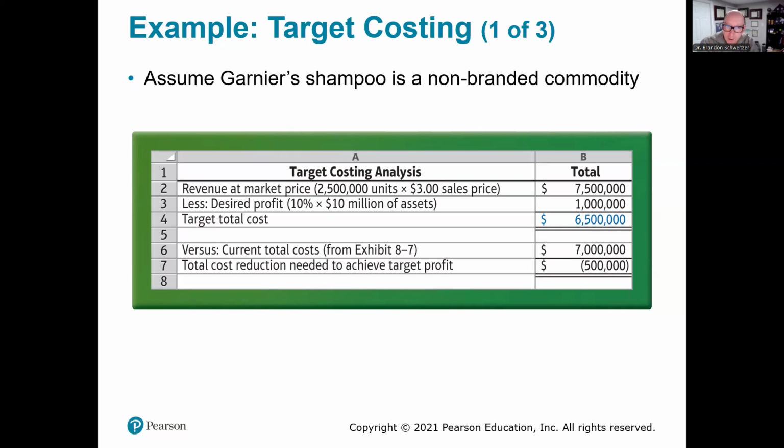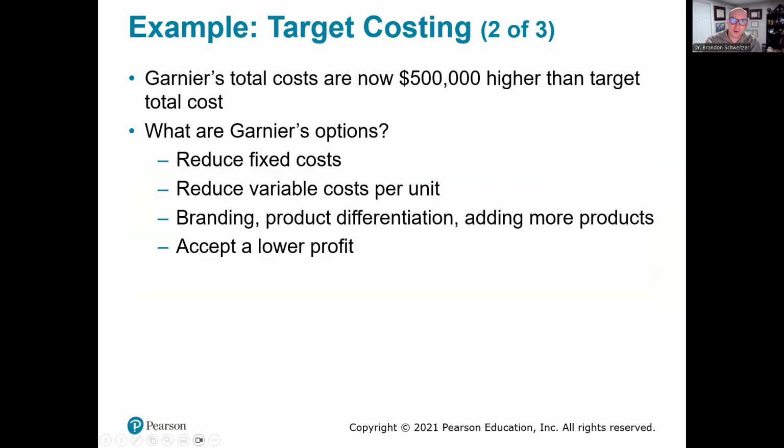We can compare that to our current total cost that we got from our earlier example of 7 million, with a difference or total reduced cost of 500,000. That's just a nice way of comparing the two. So if we go with target costing, we can save about 500,000 in total cost.